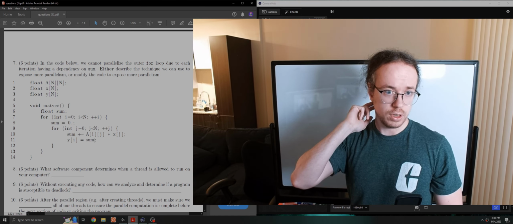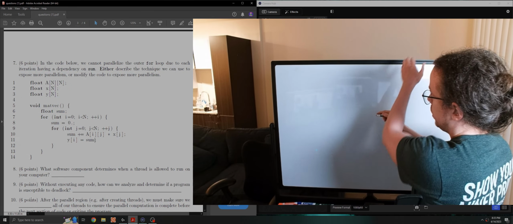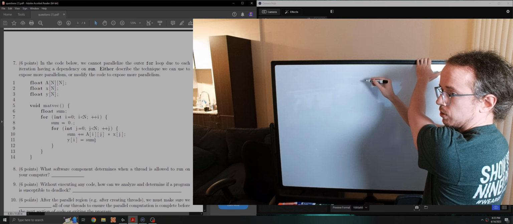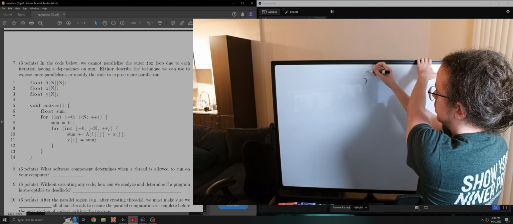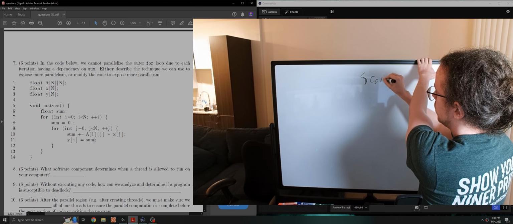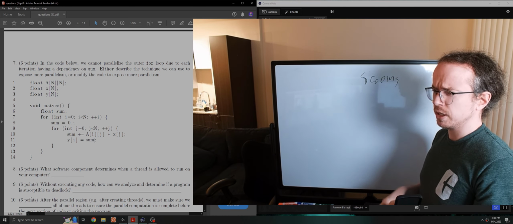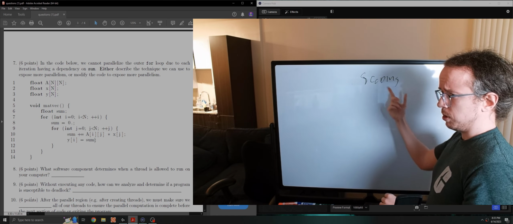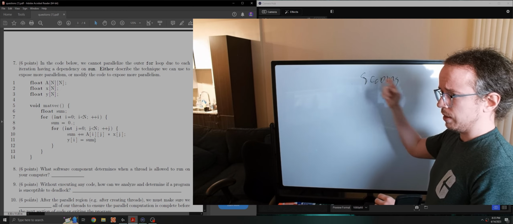So how do you describe the technique to expose more parallelism? There's two phrases that we would have taken. One is scoping, which is how it was described in your slides. If you did assignment, I forget if it was 3 or 4, there's a problem related to this that tells you to look specifically at that slide deck.